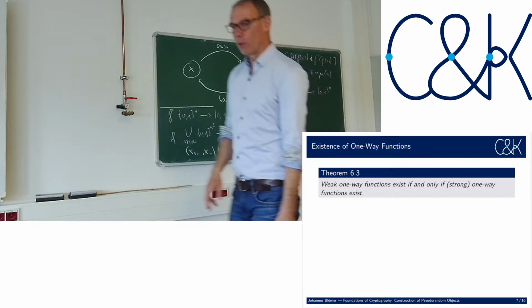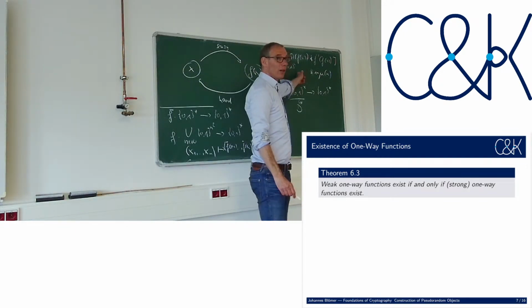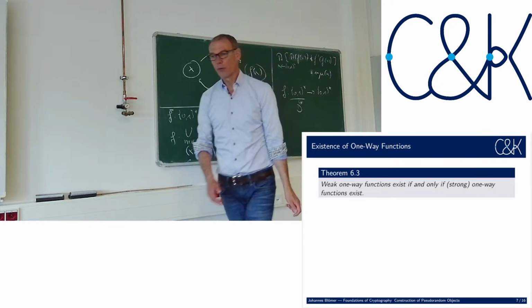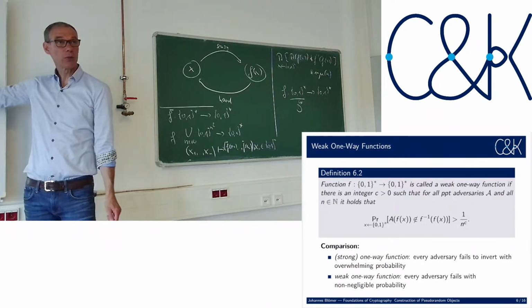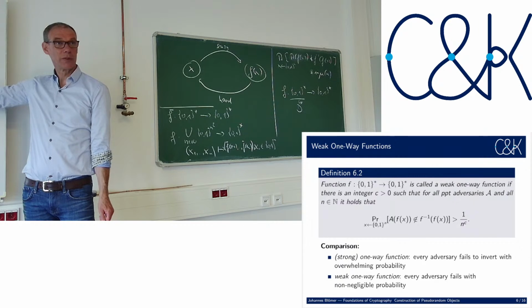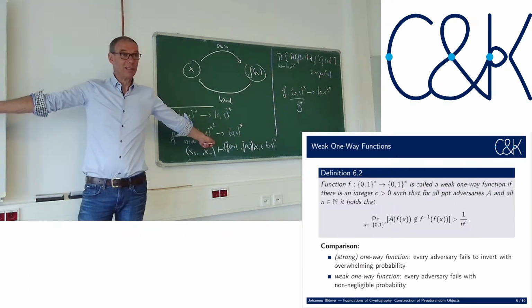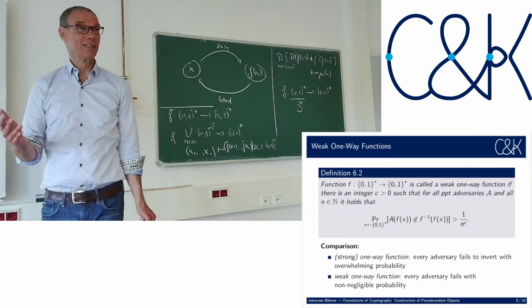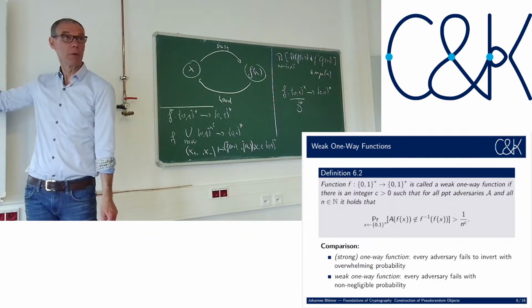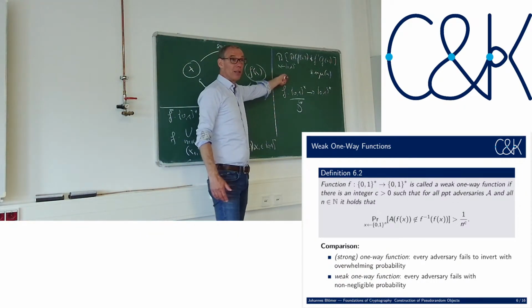And that gives you the way to go from this to this. It's hard to invert with non-negligible probability, but then you have to do it n times. And then it's hard to invert almost always, because you will fail with some probability. But to invert this, you are not allowed to fail.